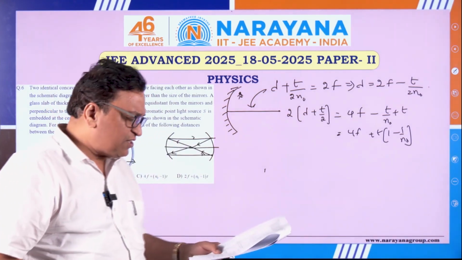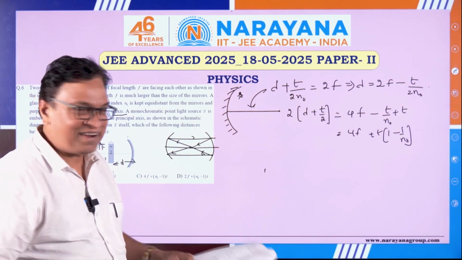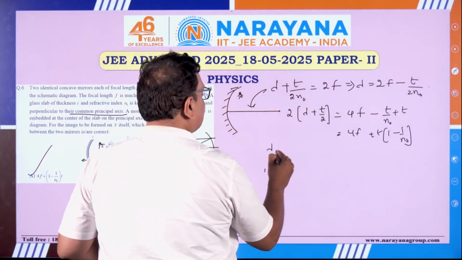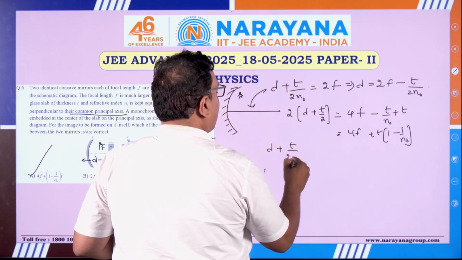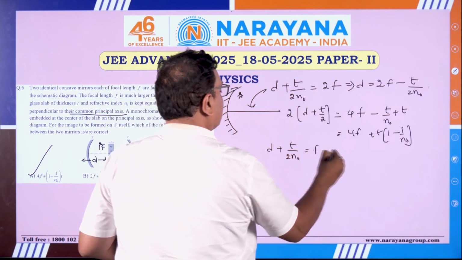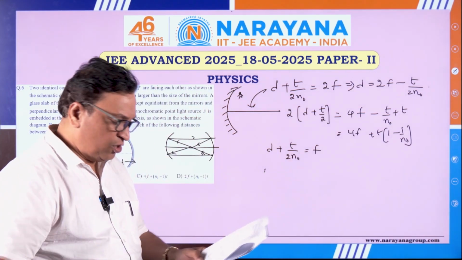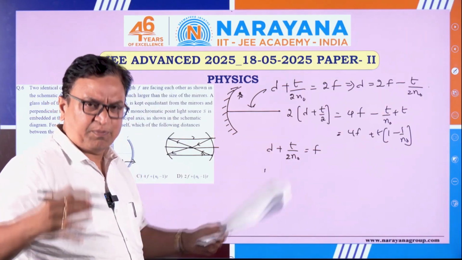So now my next target is very clear. D plus T by 2n naught is F. That is also possible. Now do everything the same process.